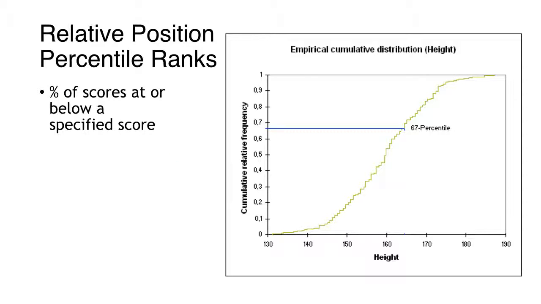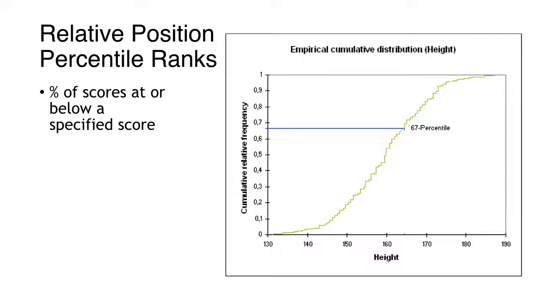That leads us to being able to rank the kids, to line them up. I keep talking about kids, but it could be any kind of score that we're studying. But we could line them up from the lowest score through to the highest score. And this is where we get percentile ranks. Percentile ranks simply tell you the percent of scores that are at or below that score.